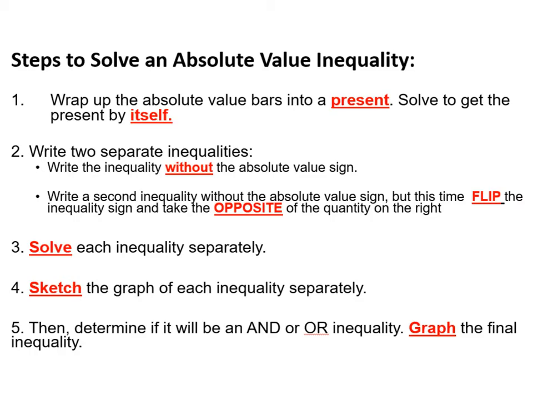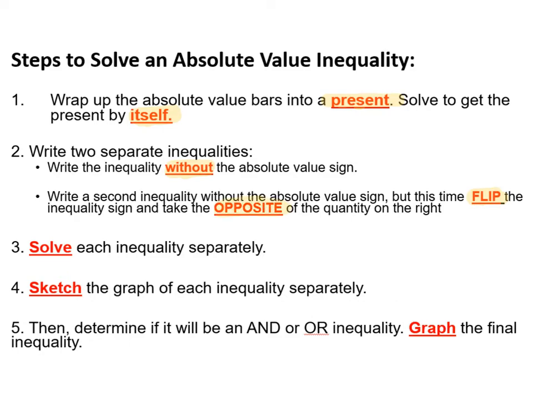Now let's review the steps to solve an absolute value inequality. First, you're going to wrap up the absolute value bars into a present and solve to get the present by itself. Then you're going to write two separate inequalities. One will be the inequality without the absolute value sign, and the other one, you're going to write the inequality without the absolute value sign, but you're going to flip the sign and take the opposite quantity of the number on the right.